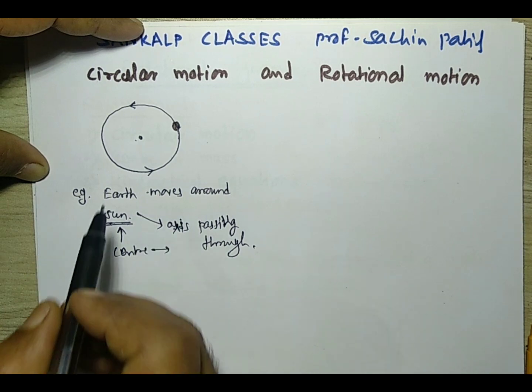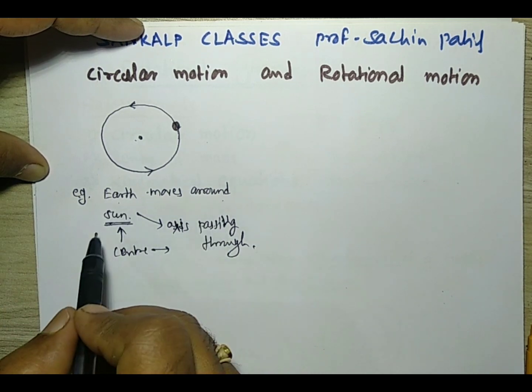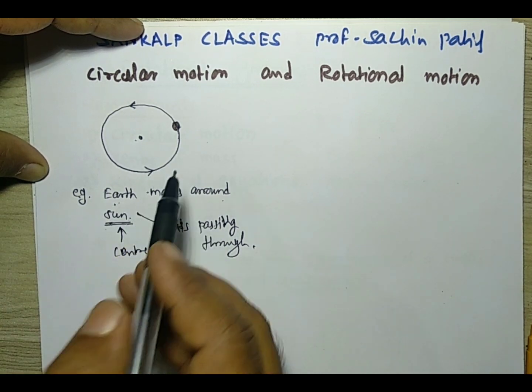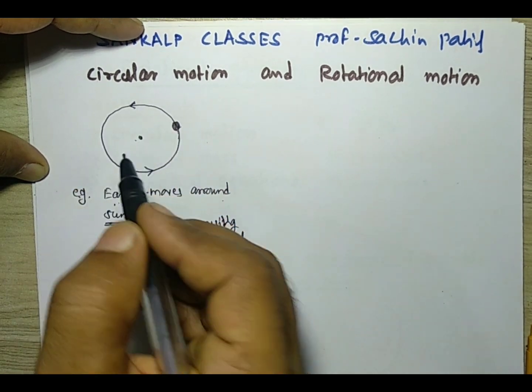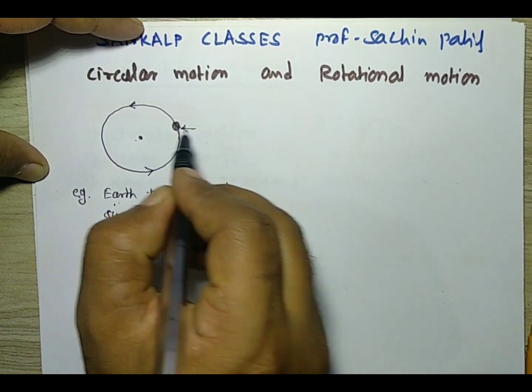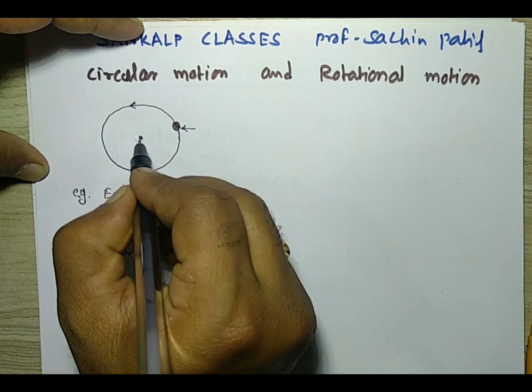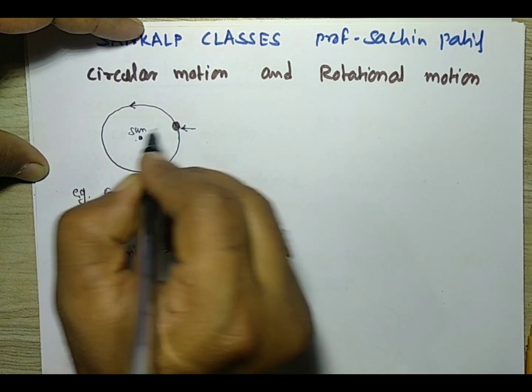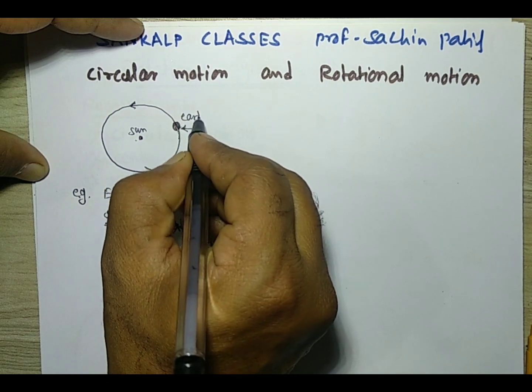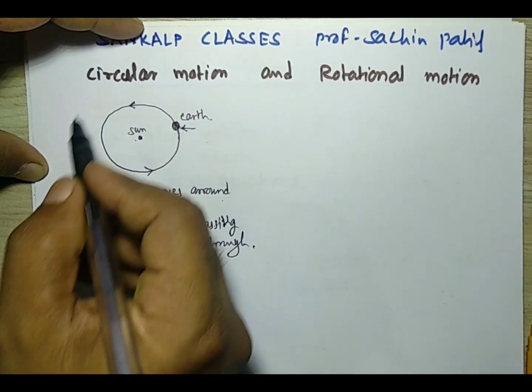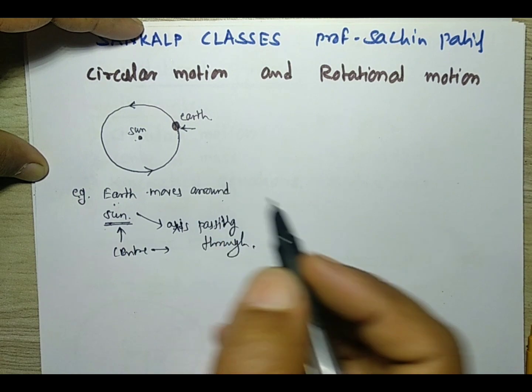It is not passing through Earth because Earth moves around the Sun, along the orbit of Earth, and therefore Earth moves along the circumference and the center is at the Sun. That means the Sun is here and Earth is here. Earth moves around the Sun. It is a circular motion.